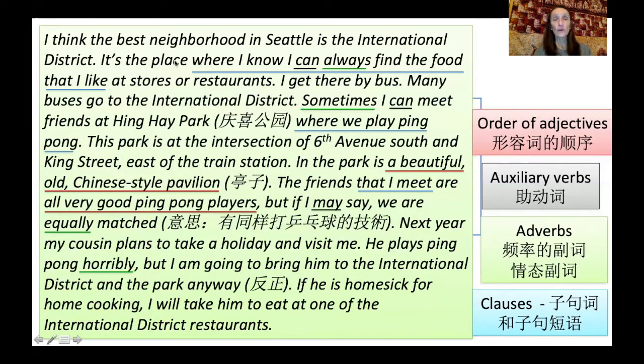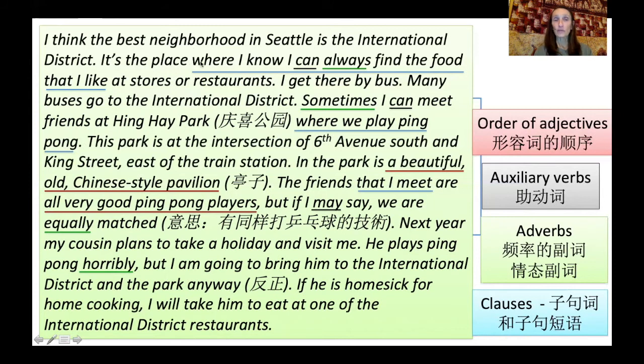The first clause is it's the place, and the word where, because this word, when you write a clause, refers to 一个地点. So where, so the place is a 地点, and where is connected to it.